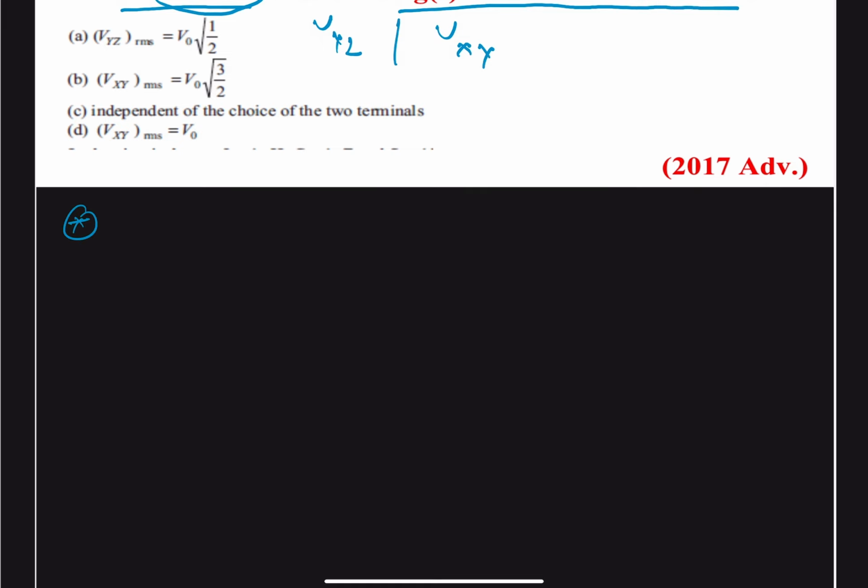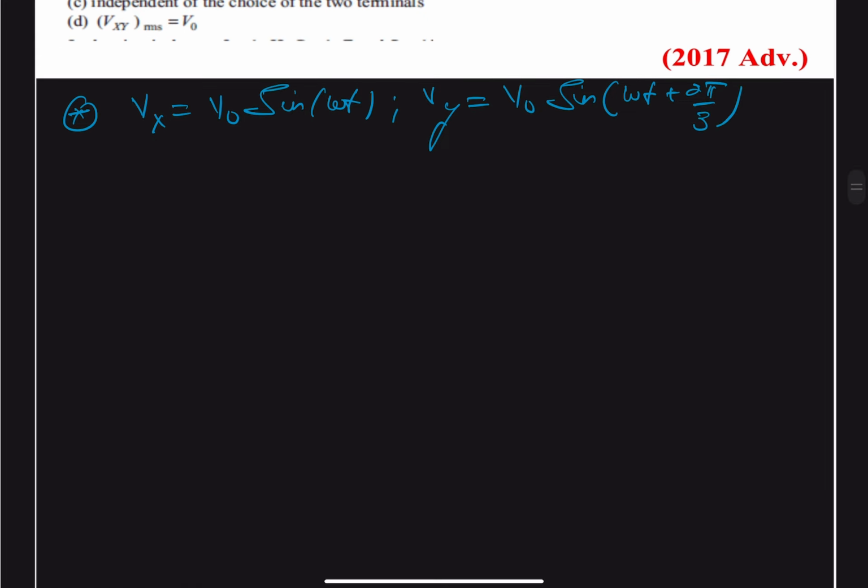We are given that Vx is equal to V0 sin omega t. We have our Vy, which is equal to V0 sin(omega t plus 2 pi by 3). And finally, we have our Vz, which is equal to V0 sin(omega t plus 4 pi by 3).